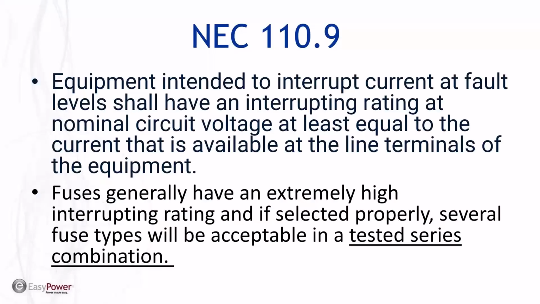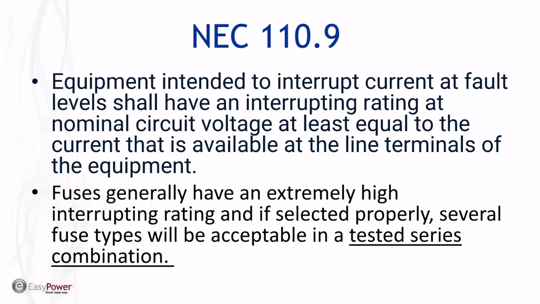According to NEC 110.9, the equipment intended to interrupt current at fault levels shall have an interrupt rating at the nominal circuit voltage at least equal to the current that's available at the terminals of the equipment. So this is, again, the requirement to have proper rating based upon the location in the system. Fuses generally have an extremely high interrupt rating, and if selected properly, several fuse types will be acceptable in a tested series combination.